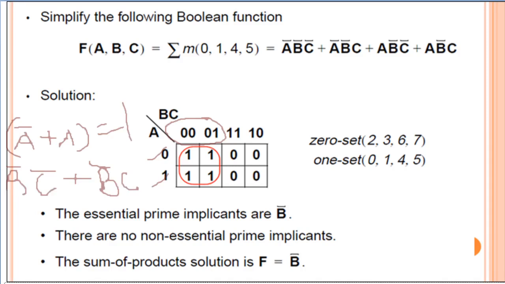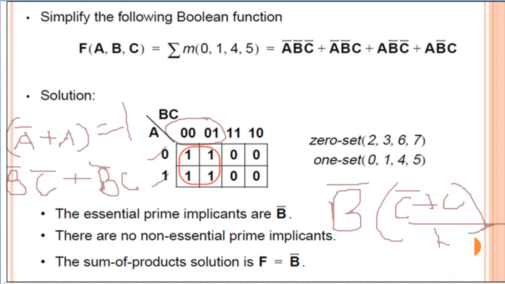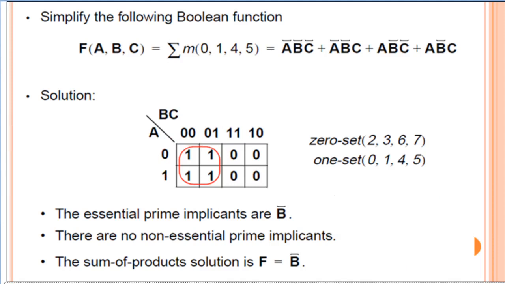Now you can take the common b bar from that particular point. That means b bar will be common, so this will be c bar plus c, and c bar plus c become 1, and this will become only b bar. Clear?